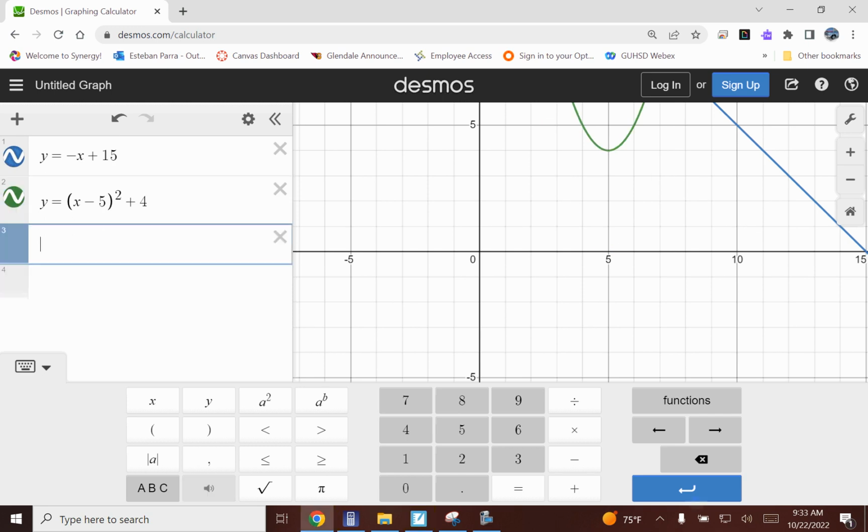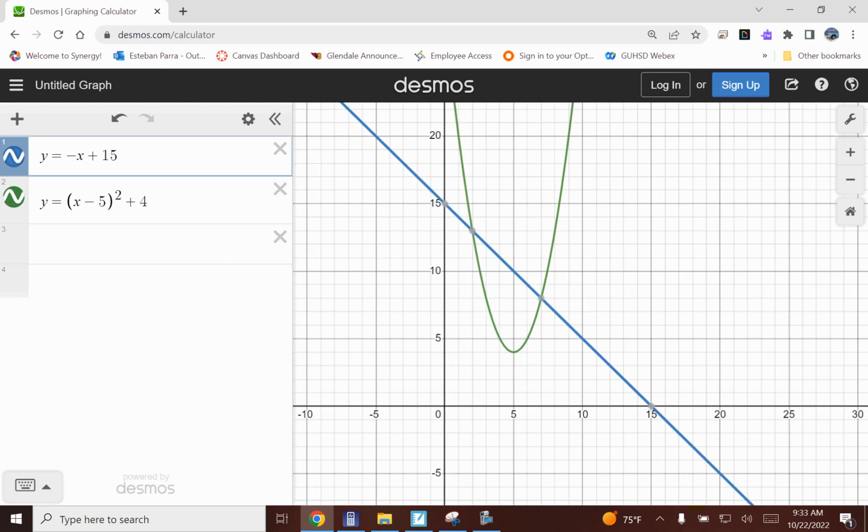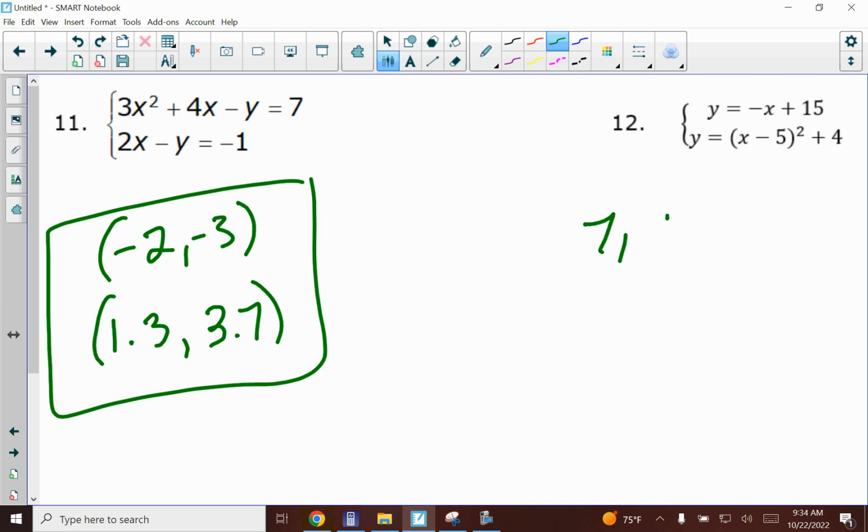So we're trying to find where they cross. It looks like they cross twice again. One of them is at 7, 8, and the other one is at 2, 13.